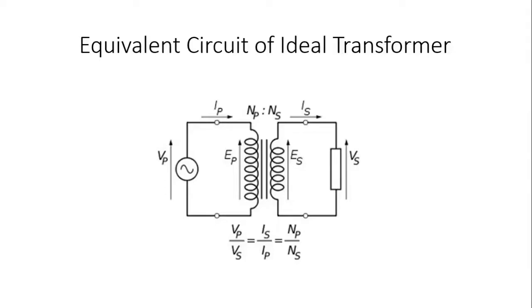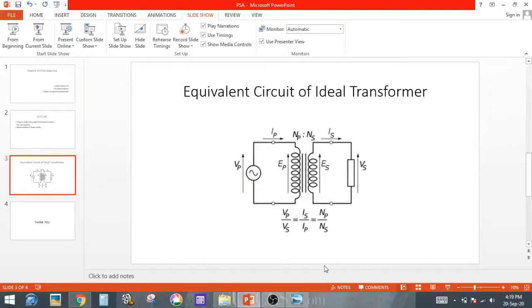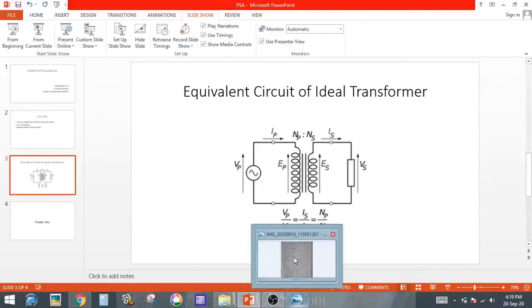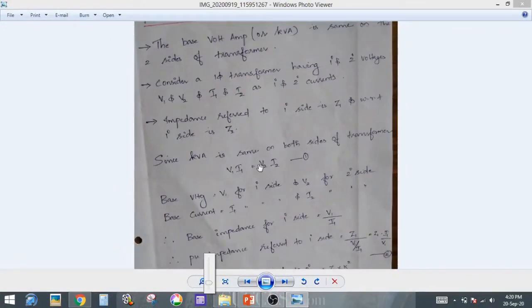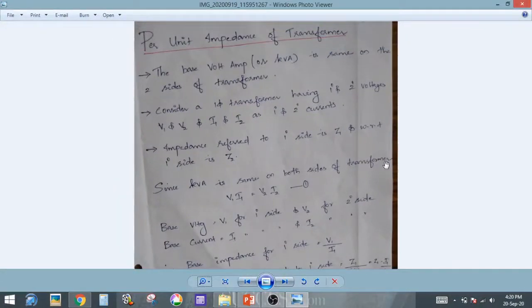Similarly, impedance Z2 equal to R2 plus jX2. For a transformer, kVA will be the same on the primary side and secondary side. We know apparent power on both sides will be equal, because a transformer changes only voltage.